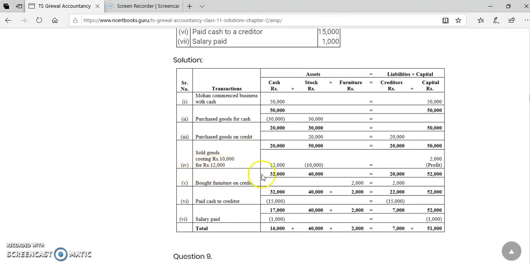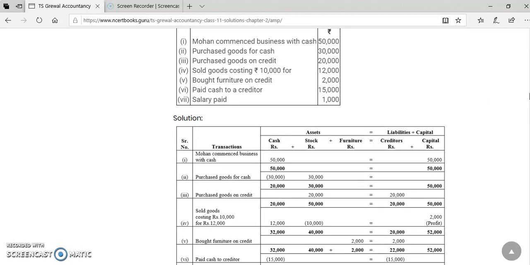So how much cash is coming in? 12,000. 20,000 you are already carrying, 12,000 new cash comes in. How much cash do you have now? 32,000. Got it? But once you are selling, stock of 10,000 is going out, because if you are selling, that person is purchasing. It means you have to give that 10,000 stock to that person.